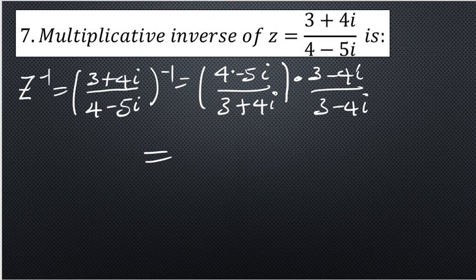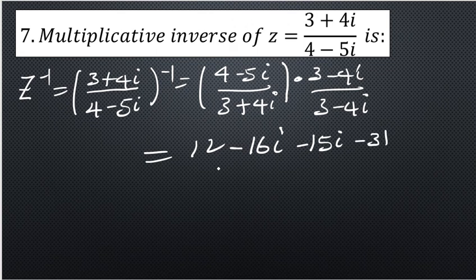So when you multiply, 4 times 3 will be 12, and 4 times -4i will be -16i, and again -5i times 3 will be -15i, and -5i times -4i will be, because negative times negative is positive, but i squared will be negative, don't forget that.